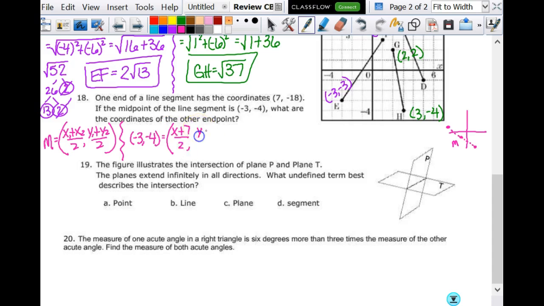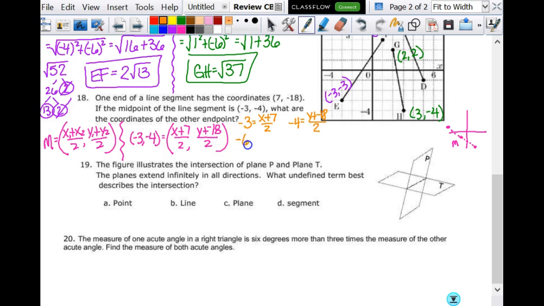And the y coordinate I don't know plus the y coordinate I do know over 2. And then I'm just going to break these into two little equations. I know that negative 3 equals x plus 7 over 2. And I know that negative 4 equals y plus a negative 18 over 2.